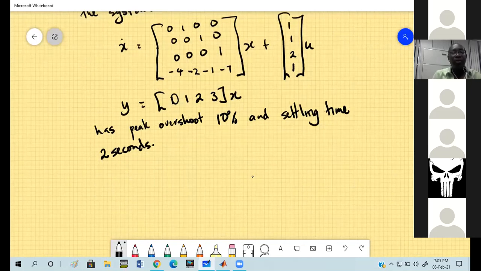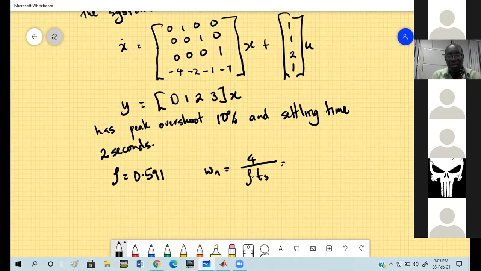So in this one, we know that the damping ratio is 0.591. And then now we have omega n is equal to 4 over the damping ratio times the settling time, is 4 over 0.591 times 2.